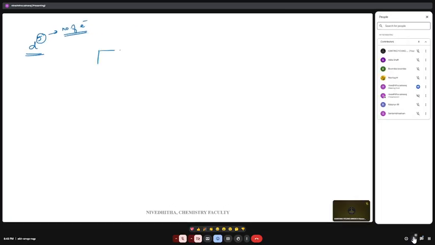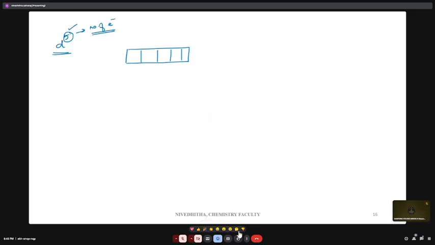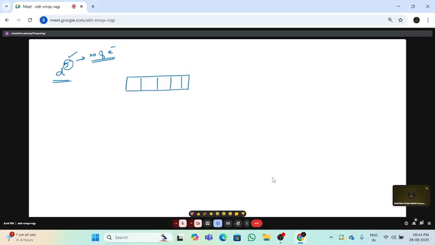In the d subshell I have 5 orbitals, and the orbitals got 5 electrons; randomly, I've taken 5 electrons. In nitrogen, we have 3 electrons in the p subshell, similarly there are 5 electrons here. Let us talk about any atom itself, so you will not get confused. What atom is this? Could you please tell me what atom is this?